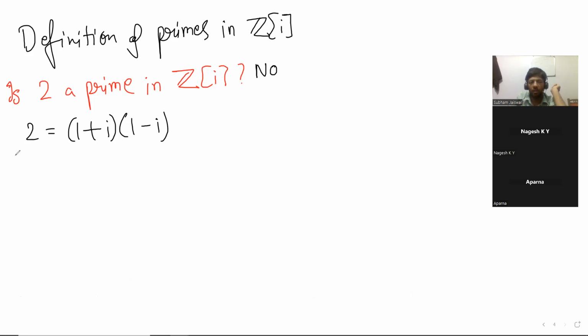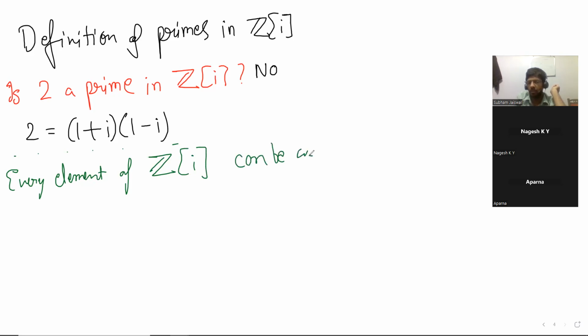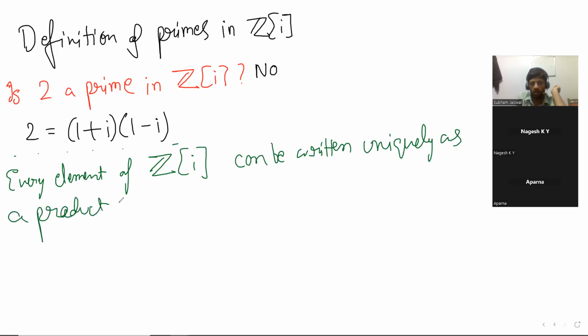Now we are claiming that every element of this can be written uniquely as a product of primes.